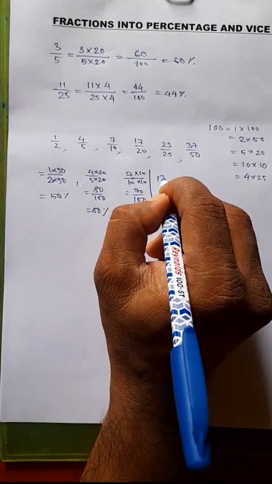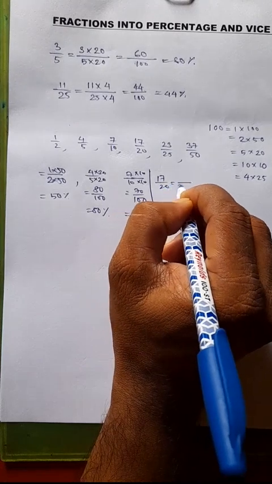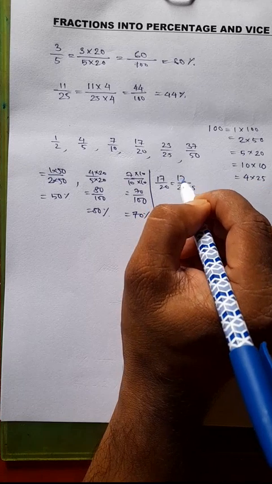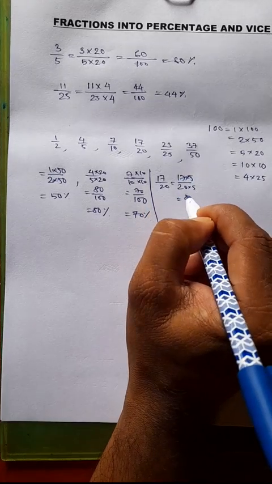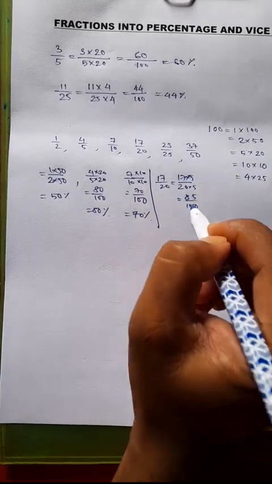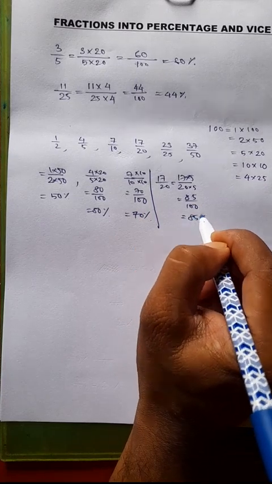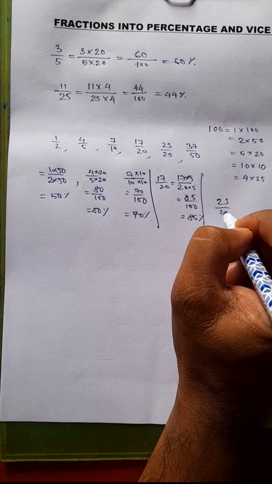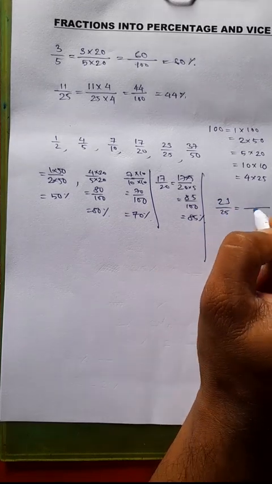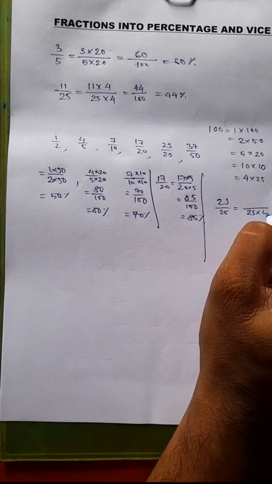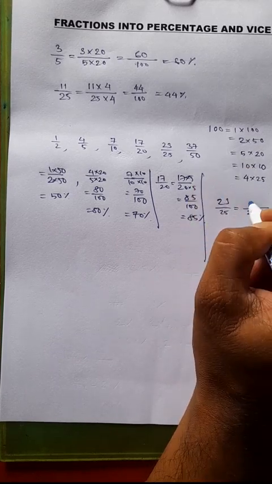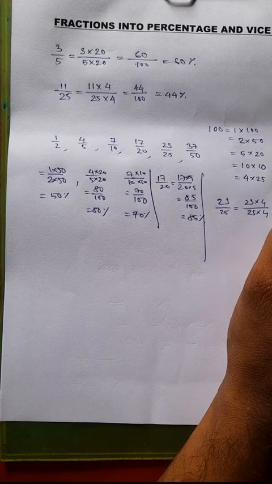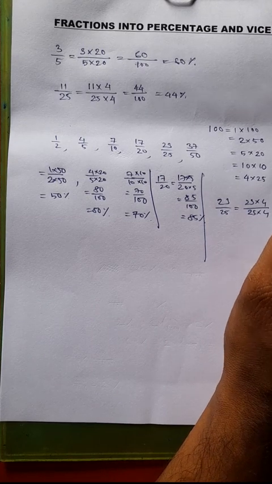Similarly, 17 by 20, 20 5s are 100. So 17 into 5 means 85 by 100. This is 85%. Similarly, 23 by 25, you multiply 25 by 4, 25 4s are 100. This means 23 into 4, this is 92 by 100.